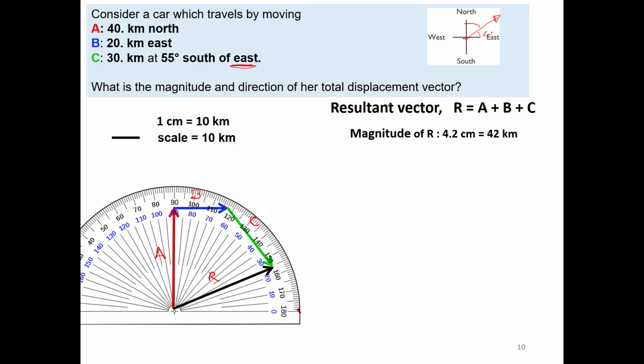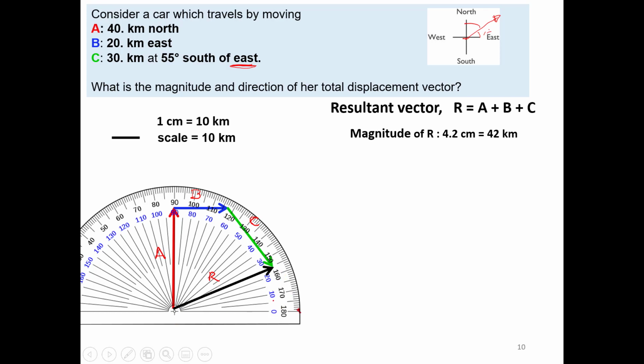Let's measure this one. If we measure this angle, you see this is east. We start from east, then it will be about 24 degrees.